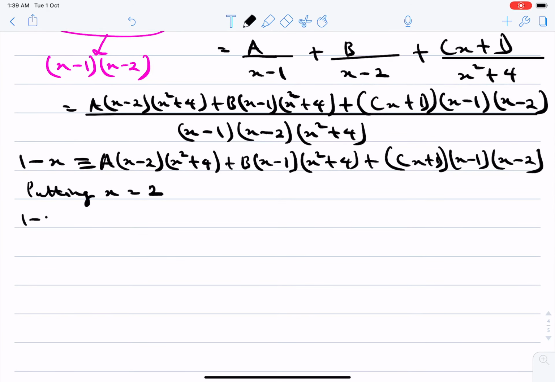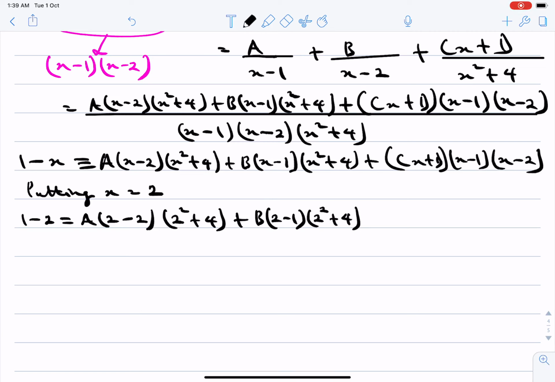That means 1 minus 2 is equivalent to a times 2 minus 2 times 2 squared plus 4, plus b times 2 minus 1 times 2 squared plus 4, plus cx plus d times 2 minus 1 times 2 minus 2.